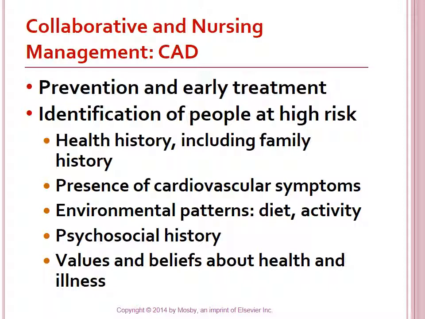The place of work and the type of work provides important information on the kind of activity performed, exposure to pollutants or noxious chemicals, and the degree of stress associated with work. Identify the patient's attitudes and beliefs about health and illness. This information can give some indication of how disease and lifestyle changes may affect the patient and can reveal possible misconceptions about heart disease.